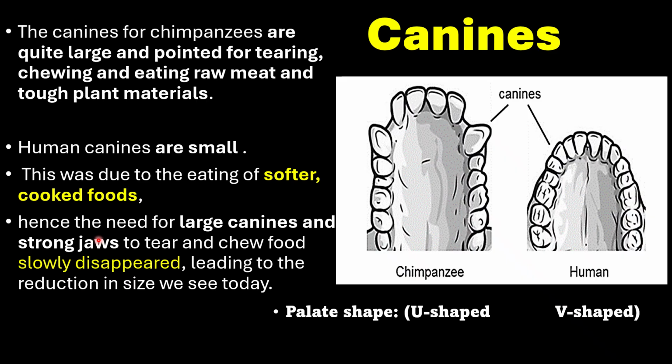And according to Lamarck, the more you use a structure, the more well developed it becomes. So over here, because we don't need large canines and strong jaws for tearing and chewing food, those structures slowly disappeared and were eventually reduced in size, like we see today.